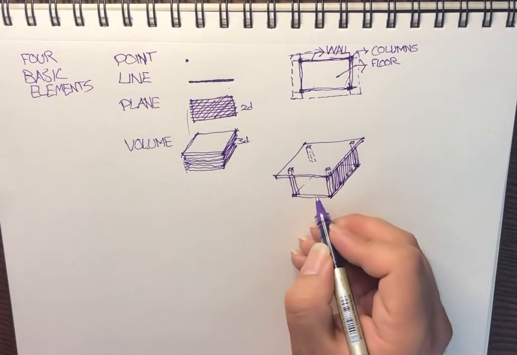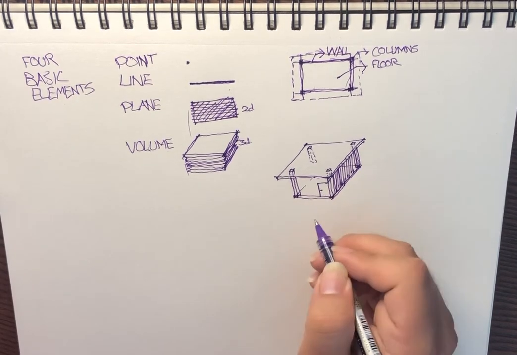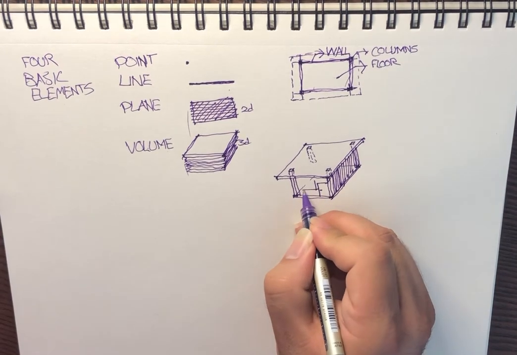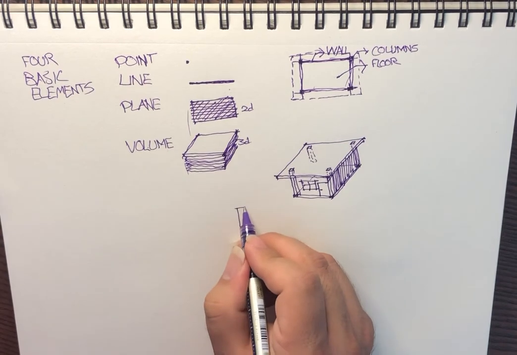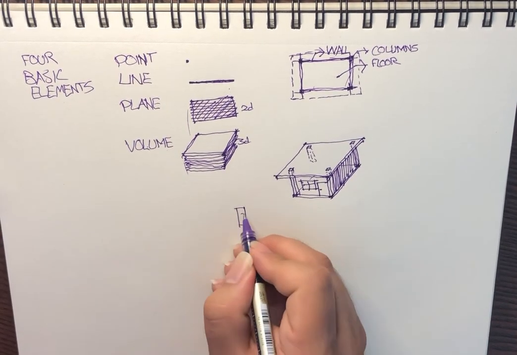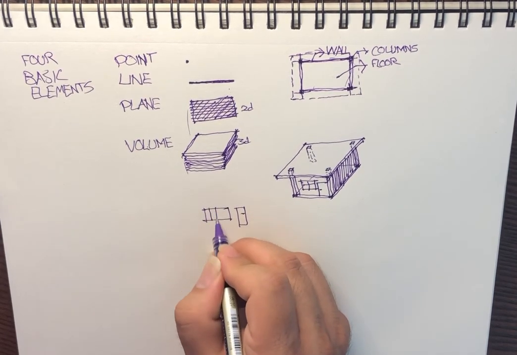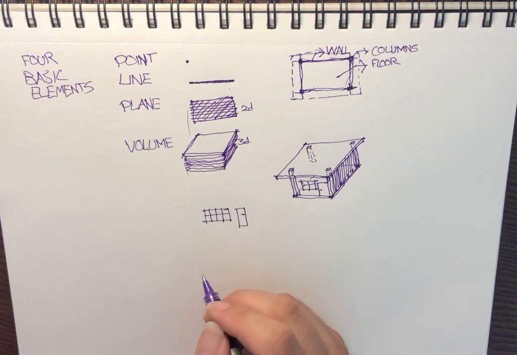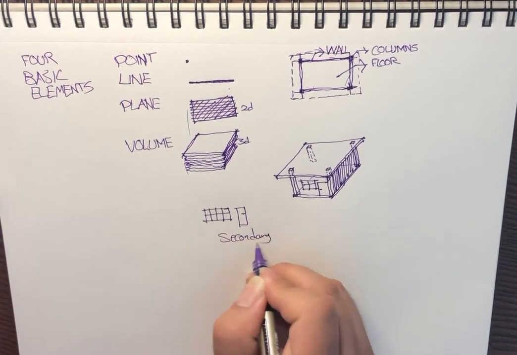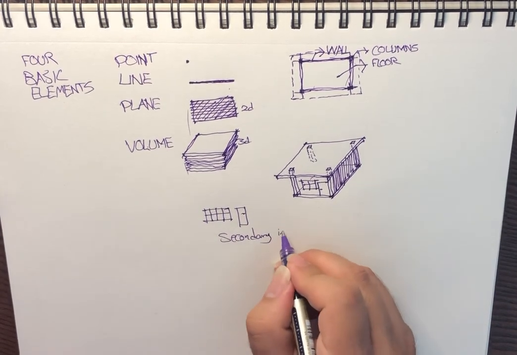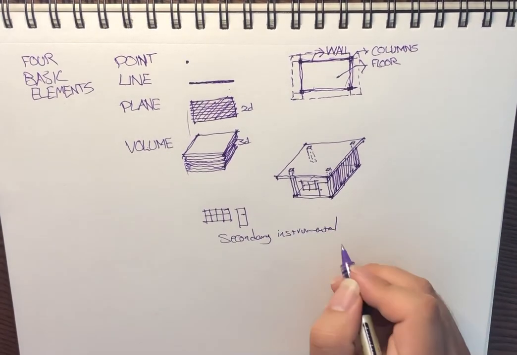And also on this side, maybe we have a door and a window. But doors and windows are our secondary instrumental elements.